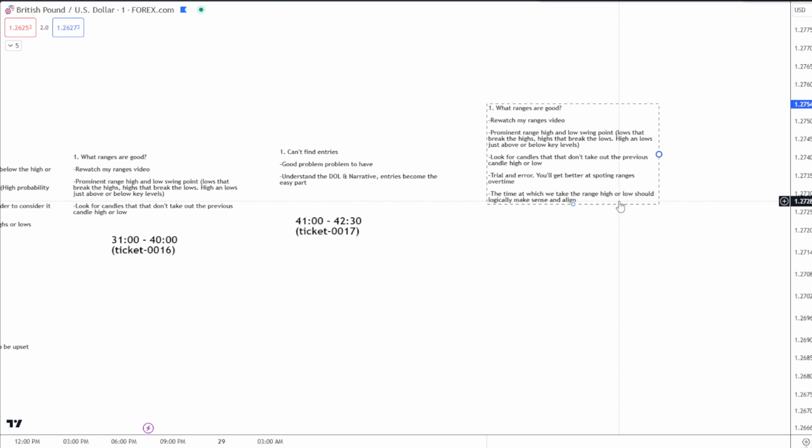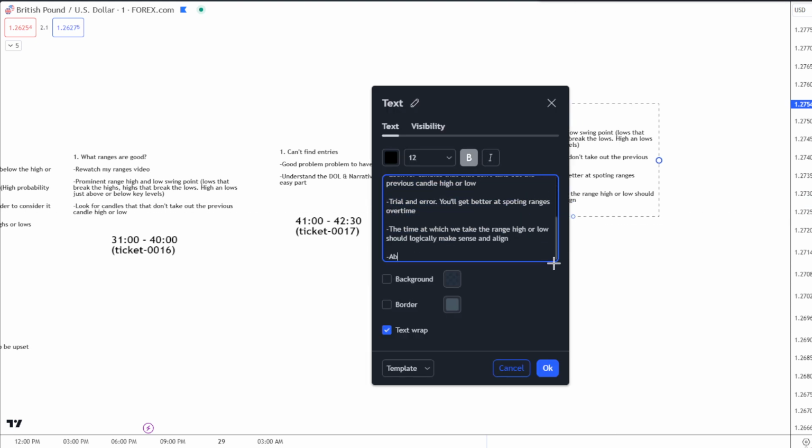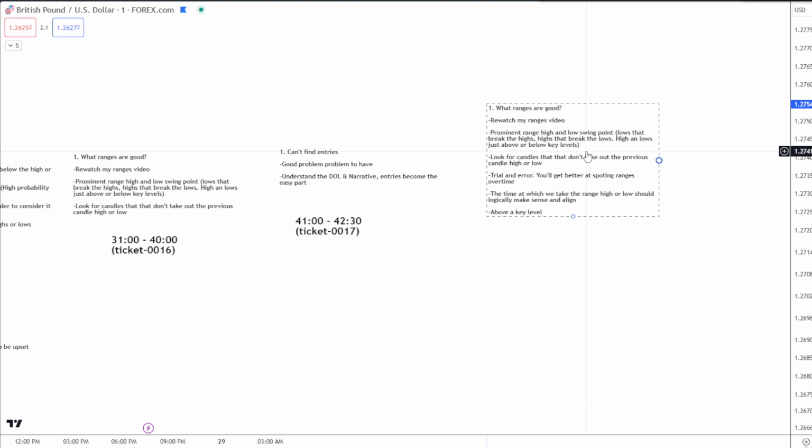And it should be above a key level, right? Which is also this point up here. You want to be buying below the range low or selling above the range high. You usually don't want to sell at the range high or low. You never want to buy above a range high, never want to sell below a range low, right?